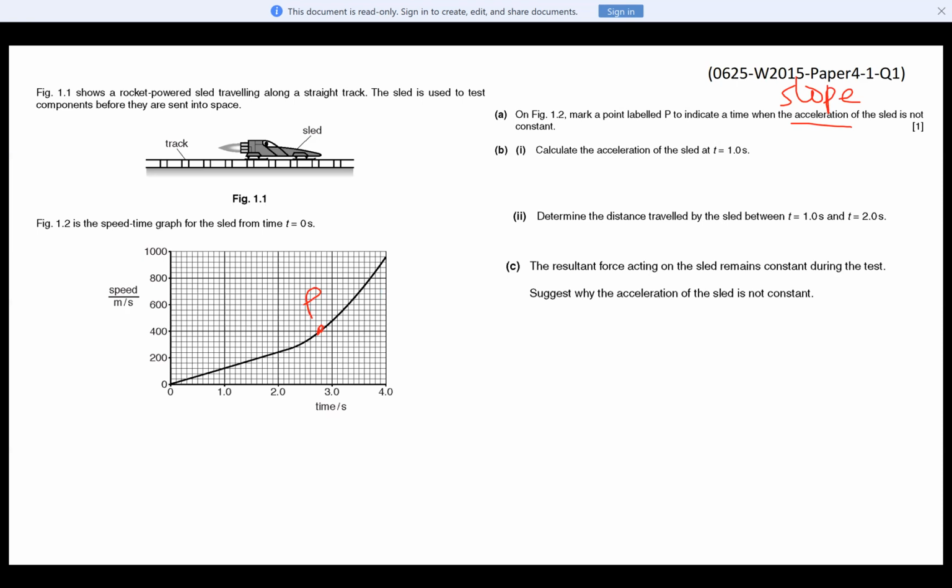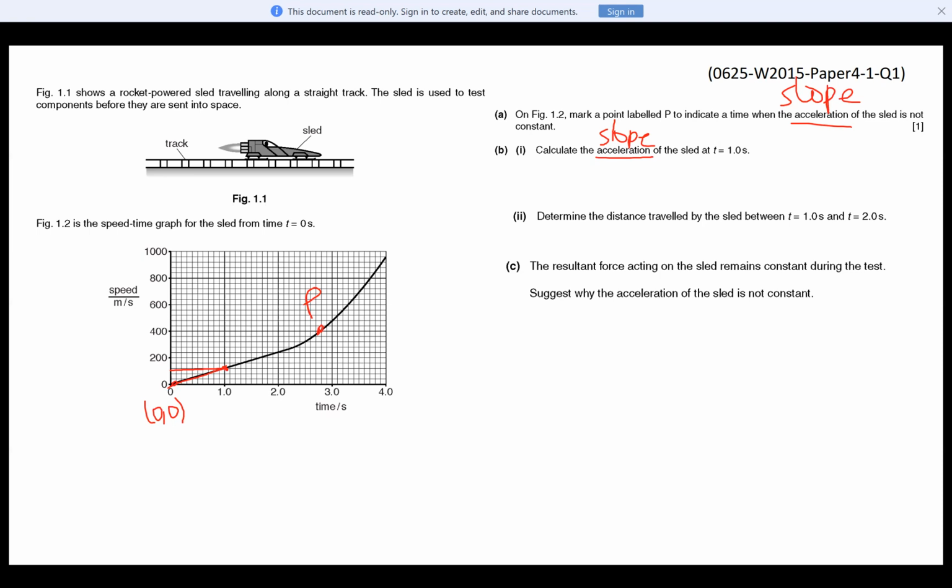Calculate the acceleration at t equals 1. So we can calculate the acceleration at t equals 1 because this part is linear. So the acceleration again is the slope, like we said. And at t equals 1, we can get the slope because the graph is a line. We have 2 points here, 0, 0, and 1 with this point here. So we have 5 boxes covering 200 in speed. So each box covers 40.